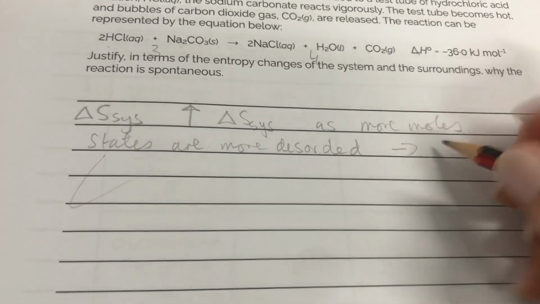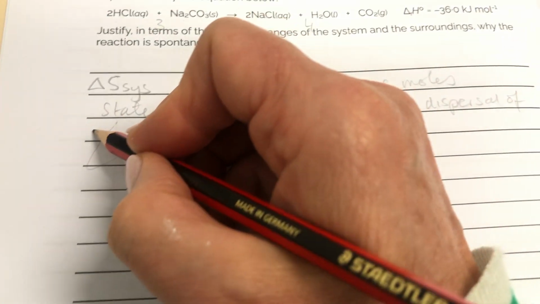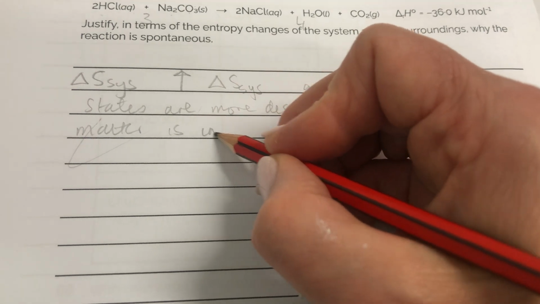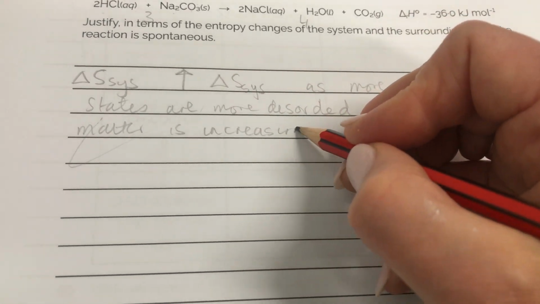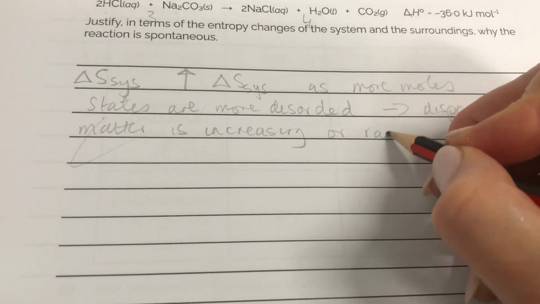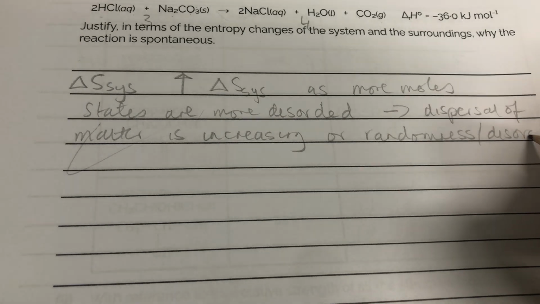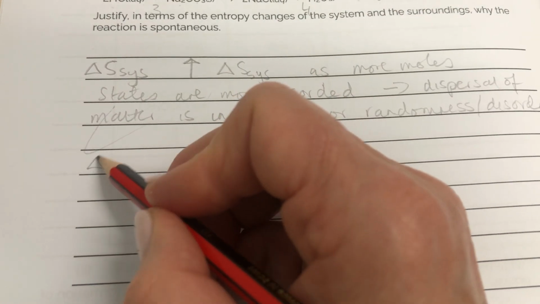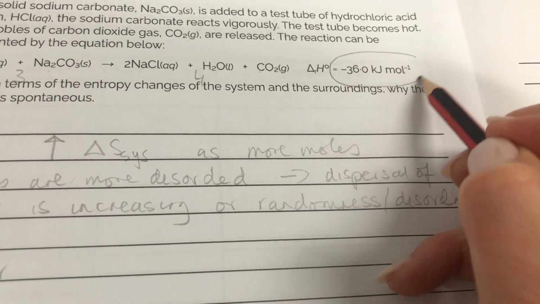And we're talking about the dispersal of matter increasing, or the randomness and disorder, is increasing. With regards to the entropy of the surroundings, we've got an exothermic reaction.